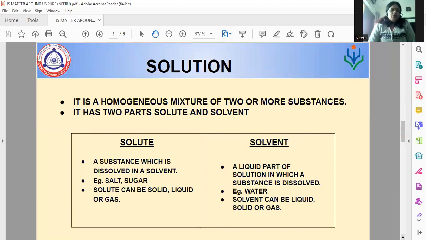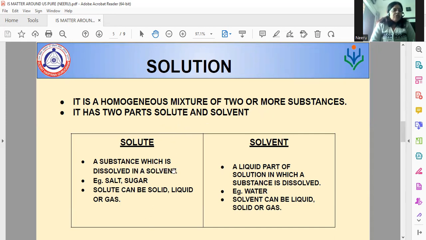Then coming to solution. What is a solution? A solution is a mixture of two things, that is, solute and solvent. The solute in a solution is usually the one which is less in amount and the solvent is more in amount. So it is a homogeneous mixture of two or more substances. It has two parts, solute and solvent.